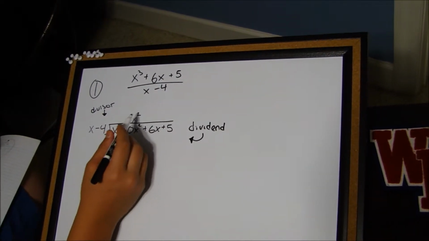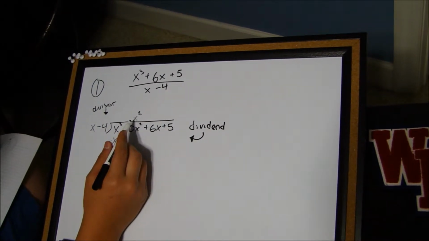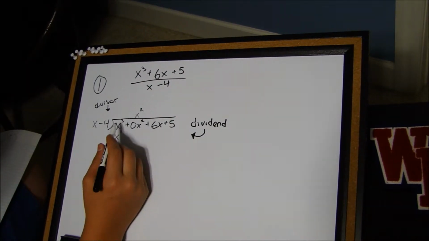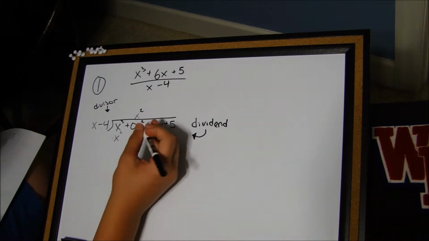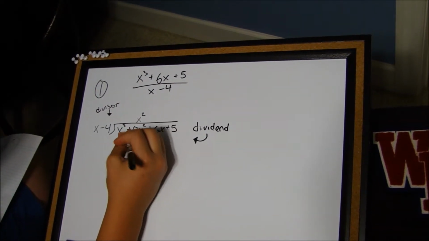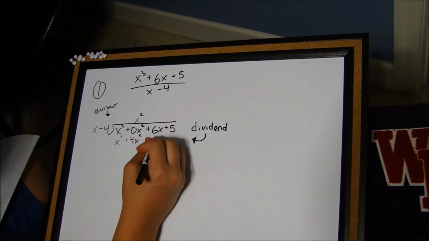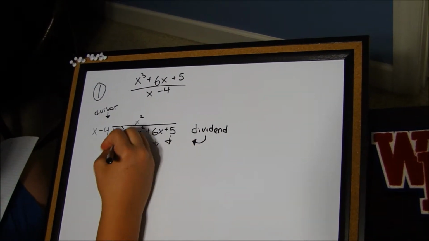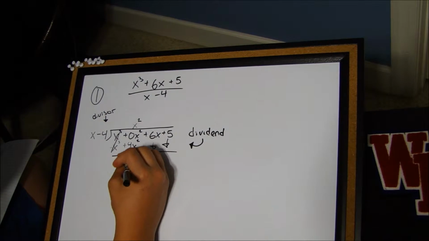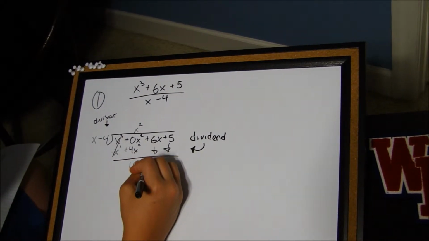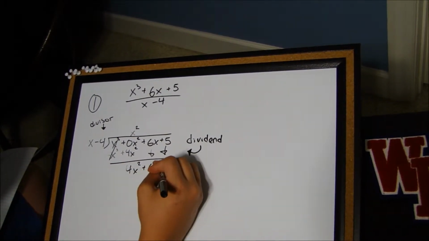And then we do the same thing with the negative 4, so we multiply that and then we subtract it, and since it's a negative it becomes a positive, so we add 4x squared, and then we bring these two down and this cancels out, so then we are left with 4x squared plus 6x plus 5.